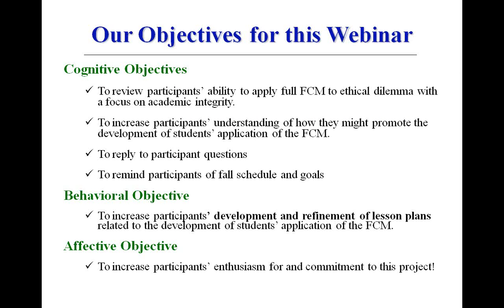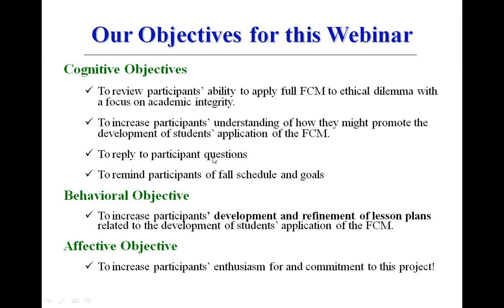The objectives, again: we're going to review the application of the FCM to an ethical dilemma with a focus on academic integrity, hoping to increase your understanding of how you yourself might promote this development and use of the FCM in your classroom.